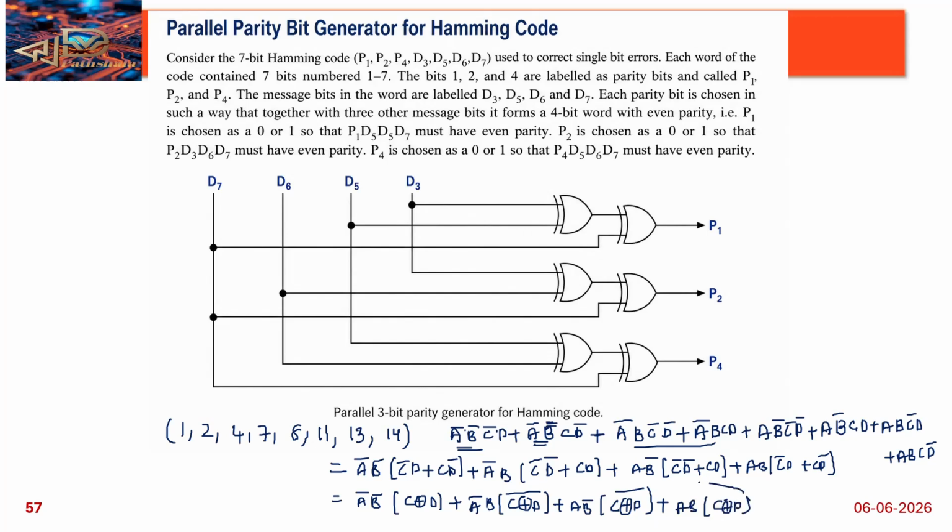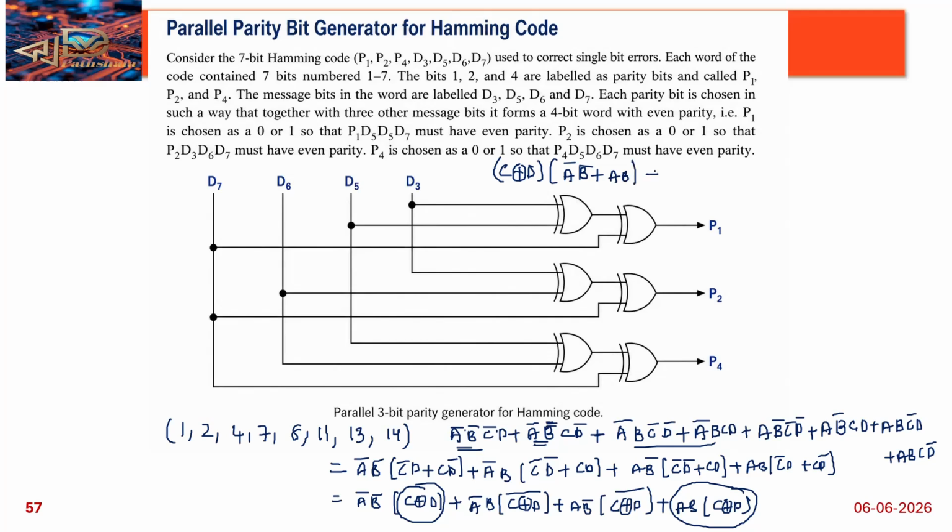Then the first term and last term you can common, that C XOR with D. You can common that first variable, C exclusive OR with D. Then what are the other variables we are getting? First and common: A bar B bar plus A B.